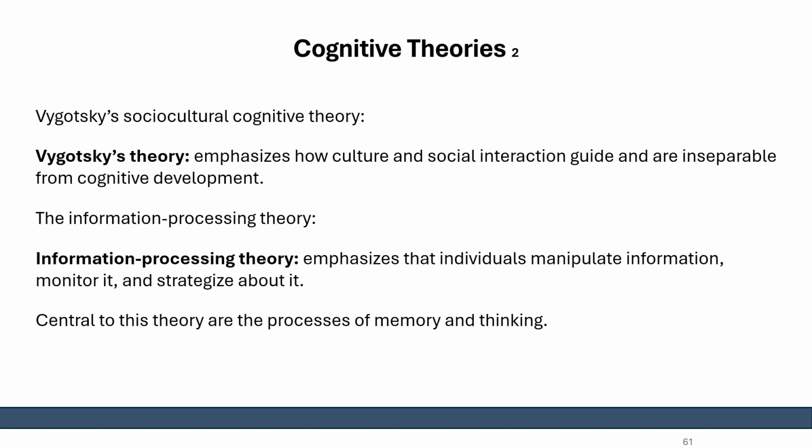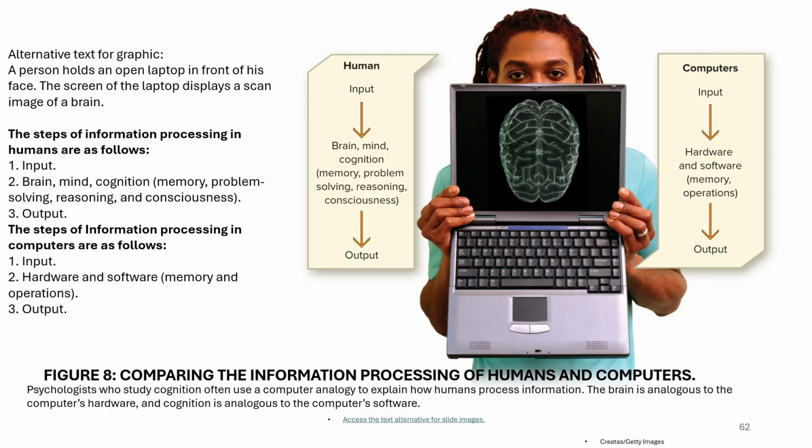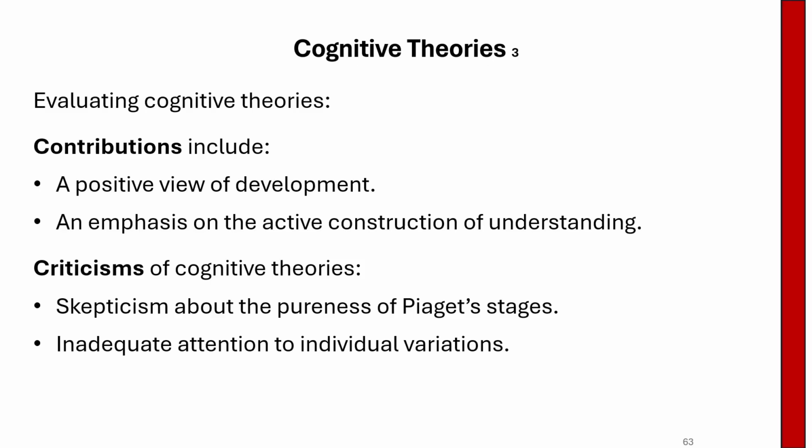Central to this theory are the processes of memory and thinking. Here, we have a comparison of the information processing of humans and computers. Some psychologists who study cognition often use a computer analogy to explain how humans process information. The brain is analogous to the computer's hardware, and cognition is analogous to the computer's software.